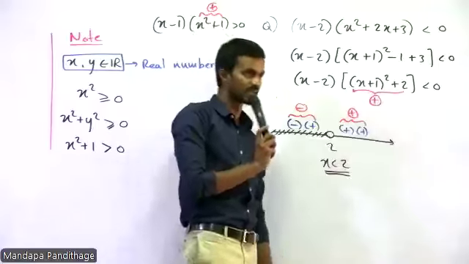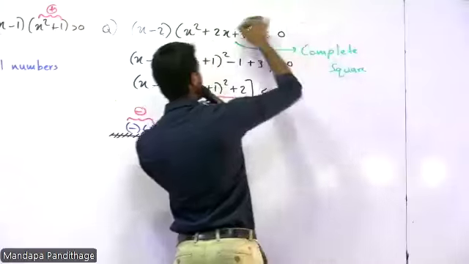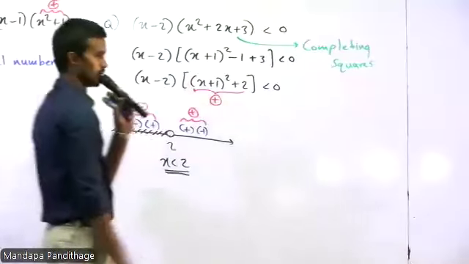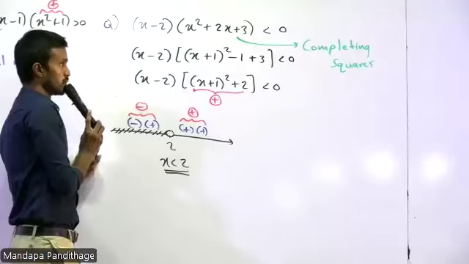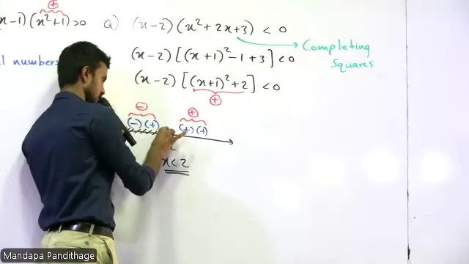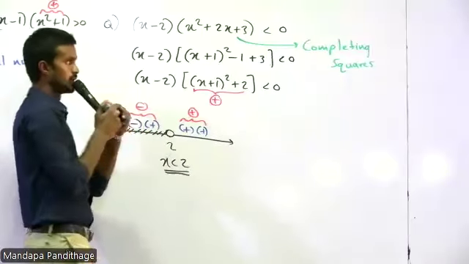Clear? Okay, so write this question first, and near this quadratic factor, put a red arrow and write in this way: to show that this quadratic factor is positive, we have to complete squares.